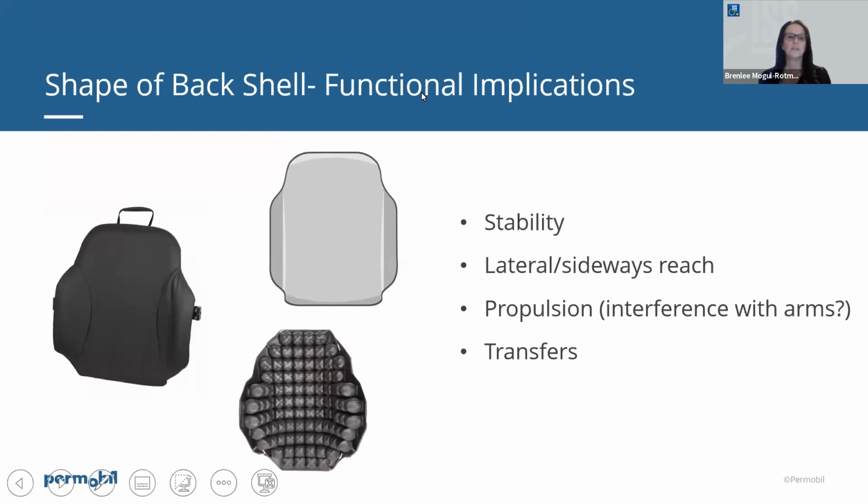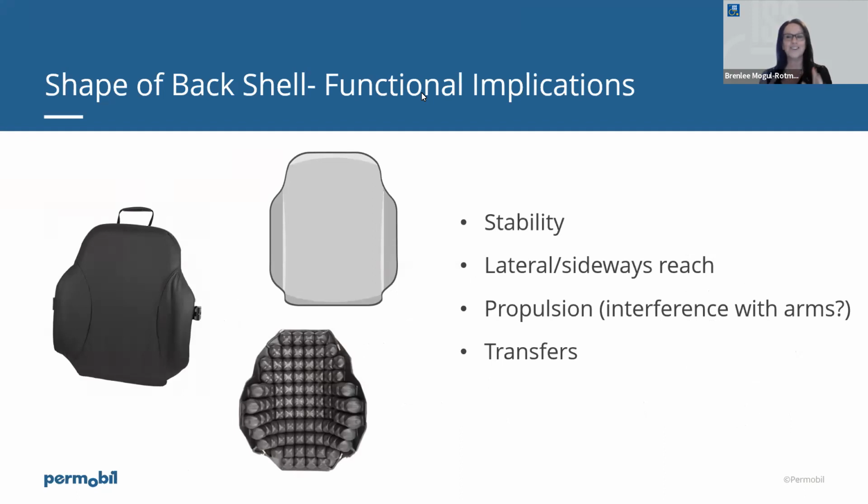Functionally, we want to make sure that the client's able to sit in a stable position, but also move to perform activities. So when you're looking at the shape of the shell, make sure that the shape doesn't interfere with the client leaning to the side for reaching or transferring, or interfere with scapular movement that's going to be needed for propulsion.